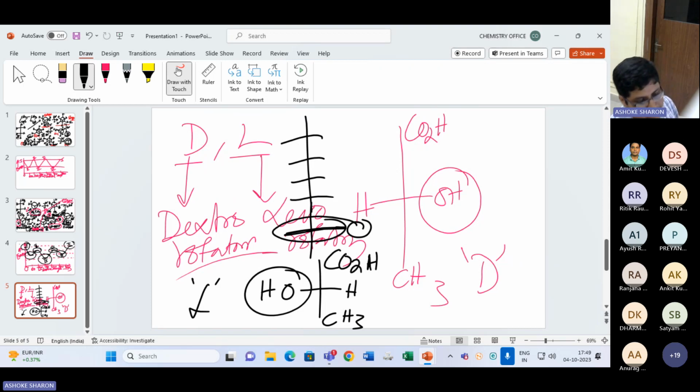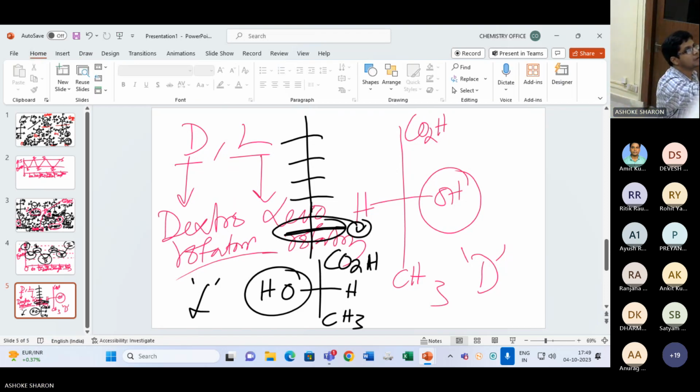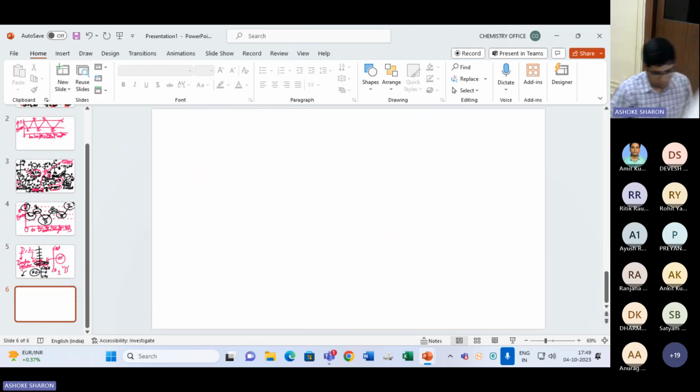If it is on the right side, then you can say it is dextrorotatory. If it is on the left side, it is levorotatory. We can specifically explain a lot of sugar molecules this way. In those cases we use this kind of nomenclature to identify their positions, and we can identify which group is in which particular place.